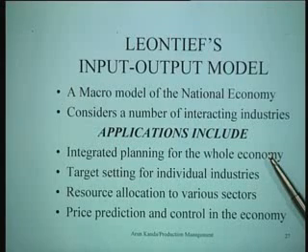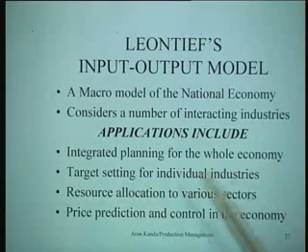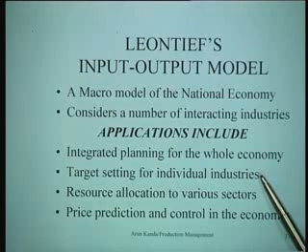Which means, for instance, whenever the planning commission wants to make the next 5-year plan for your country, how does it do it? Well, Leontief's input-output model is the basis for doing it. So we'll see exactly how this planning can be done. You set the targets for individual industries.